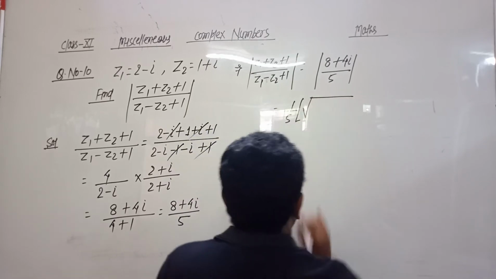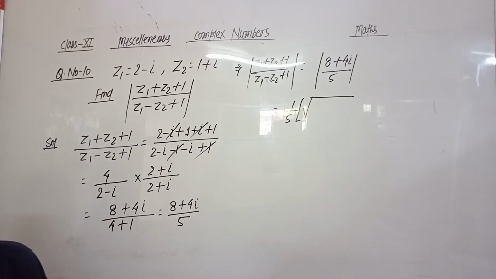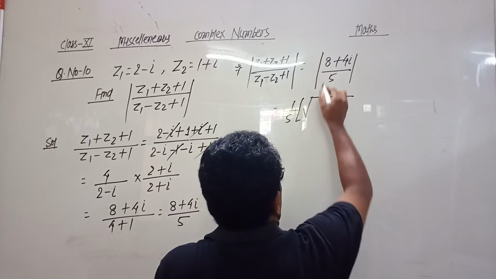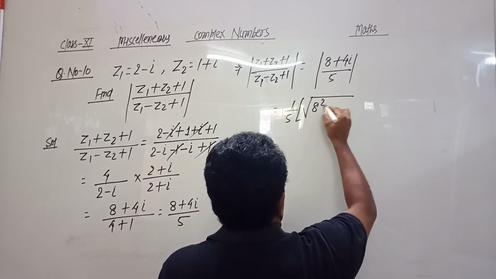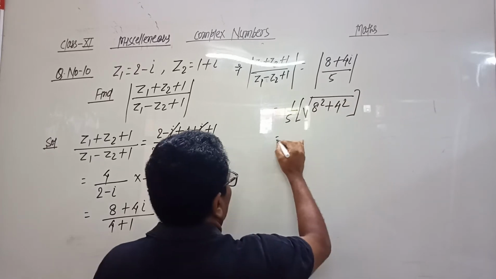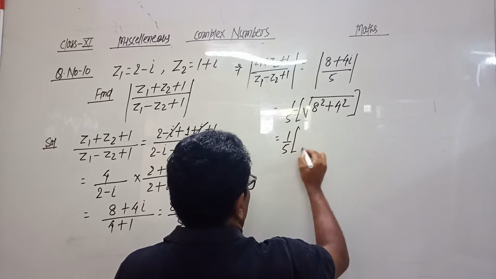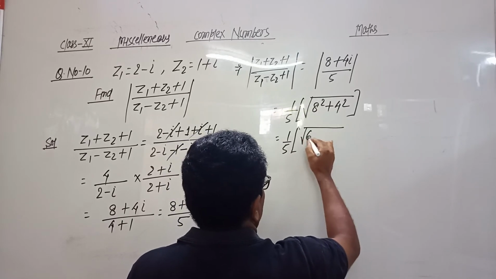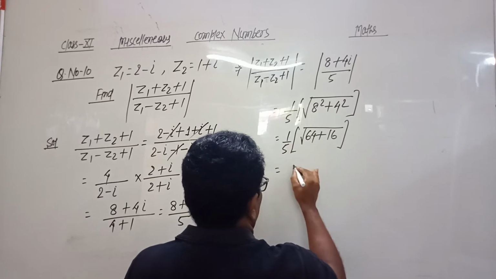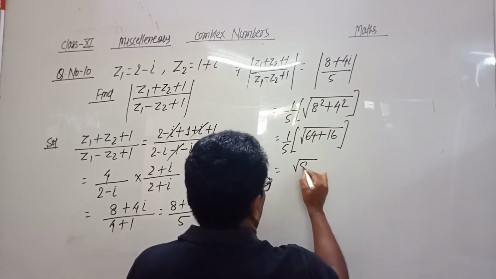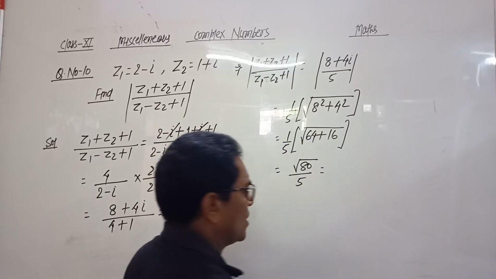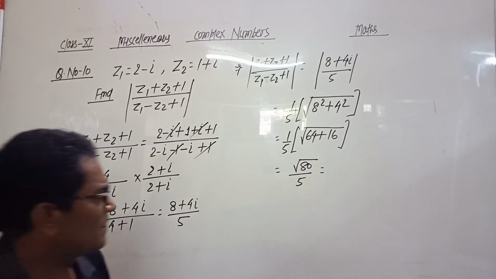For finding the modulus we take the square root of the sum of the squares of the real part and imaginary part. So 1 by 5 under root of 8 square, 64, plus 4 square, 16. So under root of 80 upon 5.